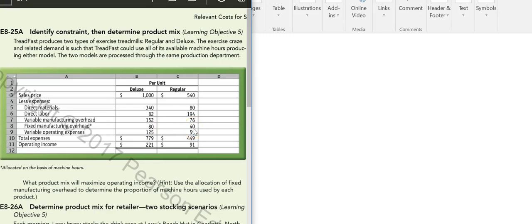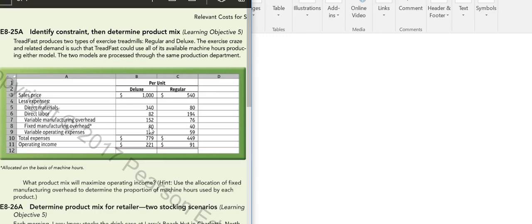That means in terms of machine hour cost, deluxe actually requires double the cost as fixed manufacturing overhead, which is determined by the machine hours, which implies that to produce one deluxe model, it actually requires double the machine hours, right?